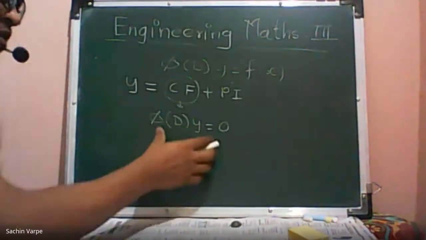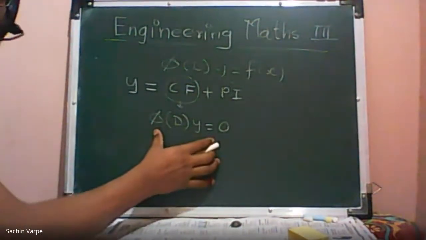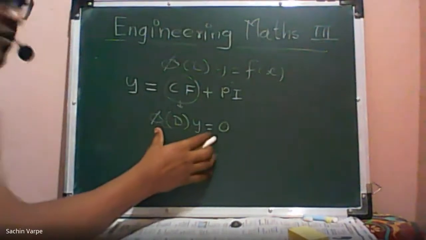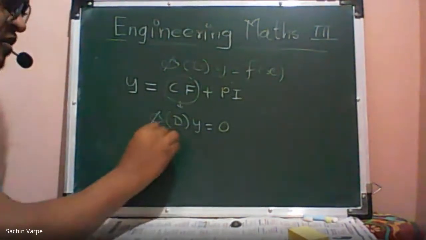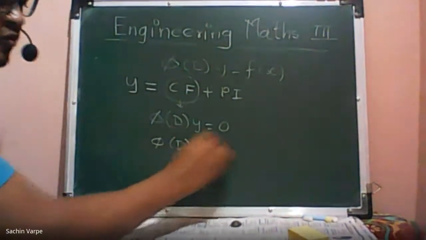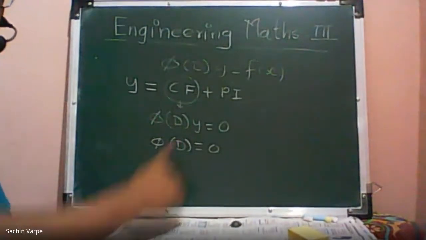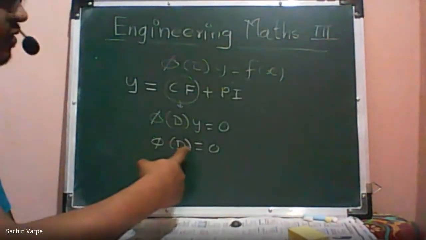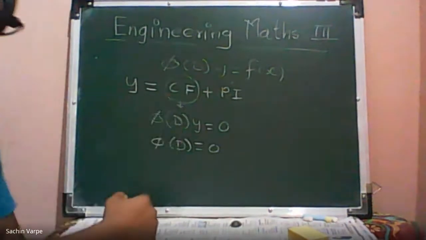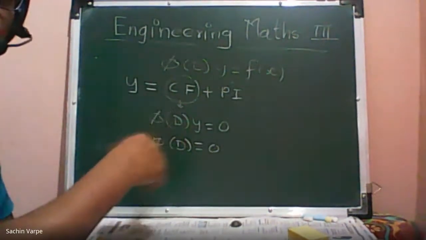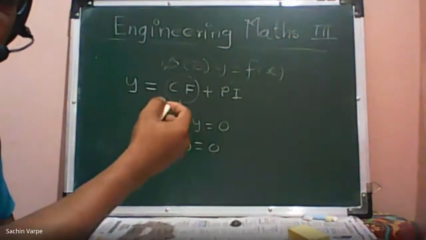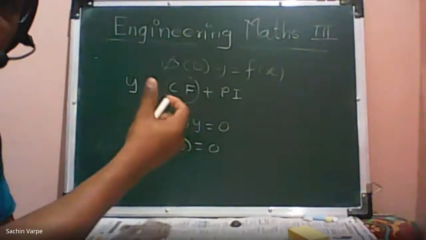And to solve this homogeneous differential equation, we have considered its auxiliary equation, that is phi of D equal to 0. By getting the roots of this auxiliary equation, we have discussed the four formulas to write the complementary function, depending upon the nature of roots, whether the roots are real or complex.